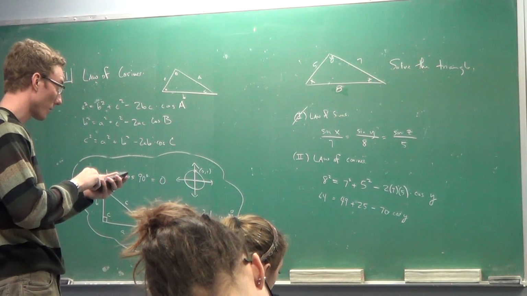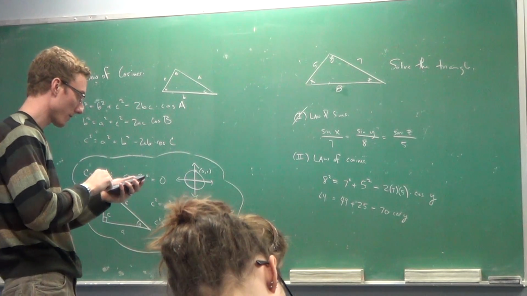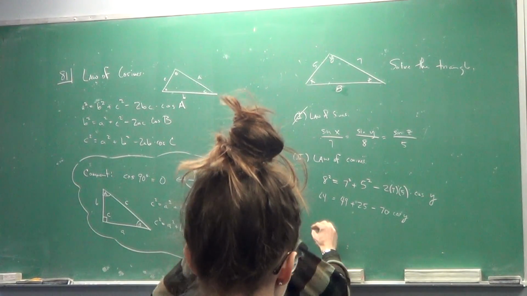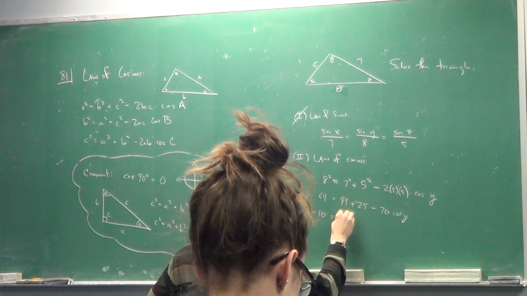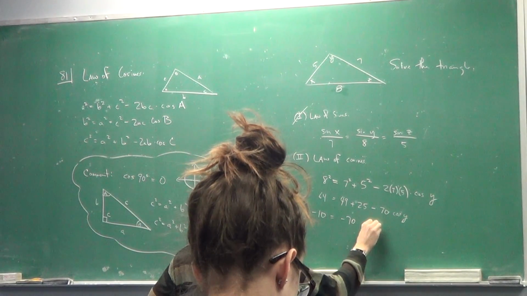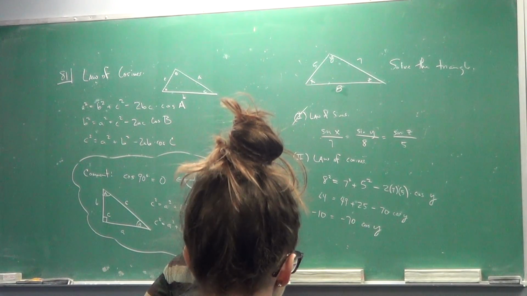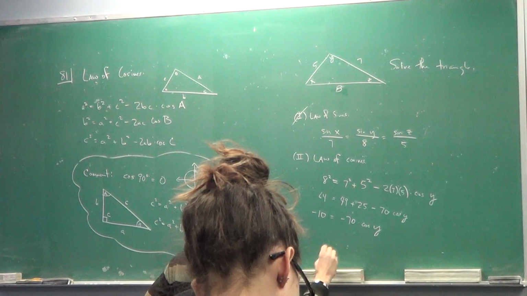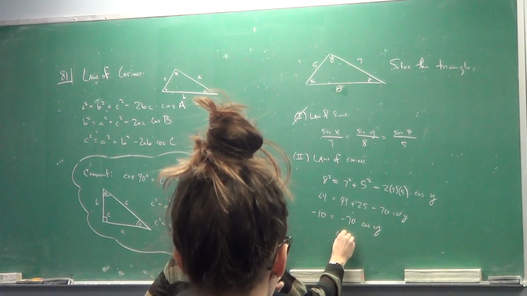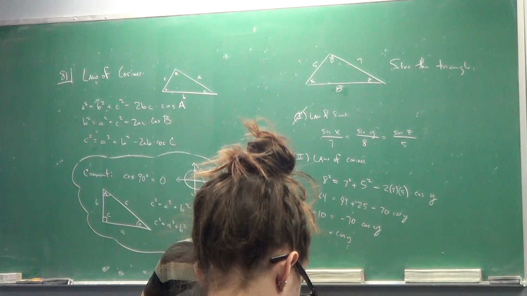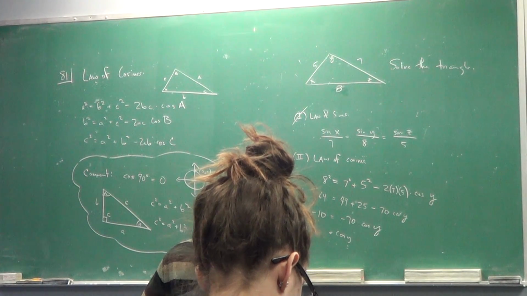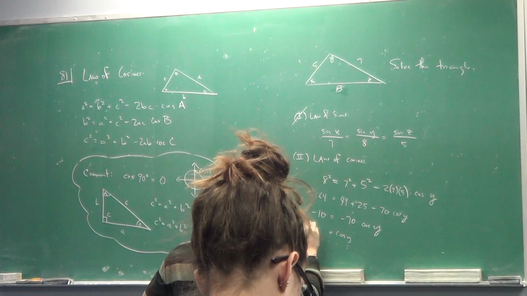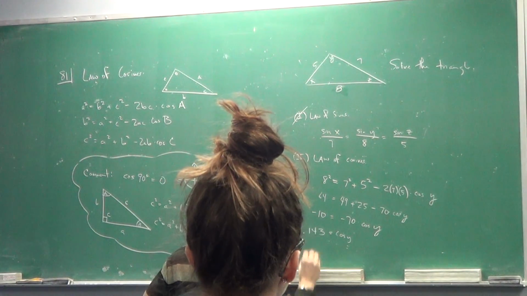So we take 64 minus 49 minus 25, and that's going to give us negative 10 equals negative 70 cosine y. We're going to divide away the negative 70 and get cosine y equals negative 10 divided by negative 70, which is 0.143.